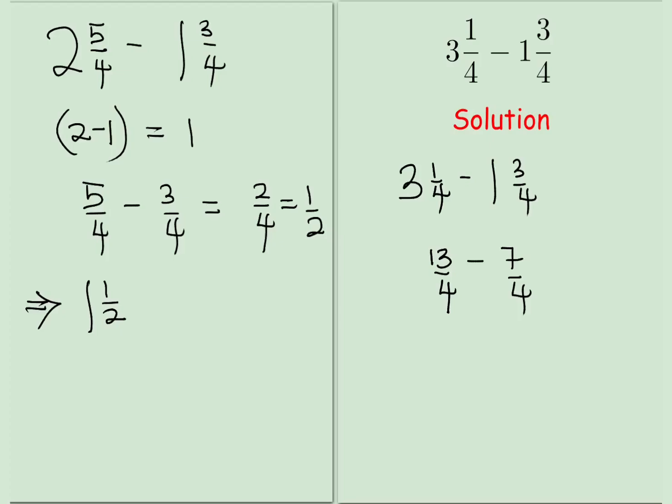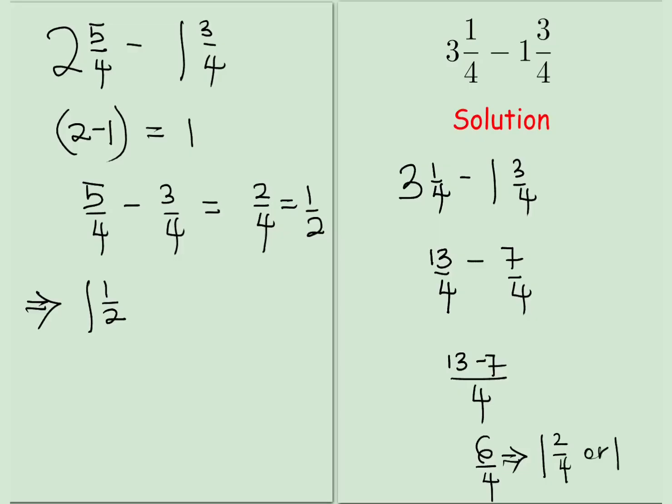And then you can work from here using the other methods, right? So since these are like fractions, we just go with 13 minus 7 all over 4. Then our 13 minus 7 gives us what? A 6. So we have 6/4. Simplifying further, we know 4 divides 6, 1. So 1 whole number, 2/4.